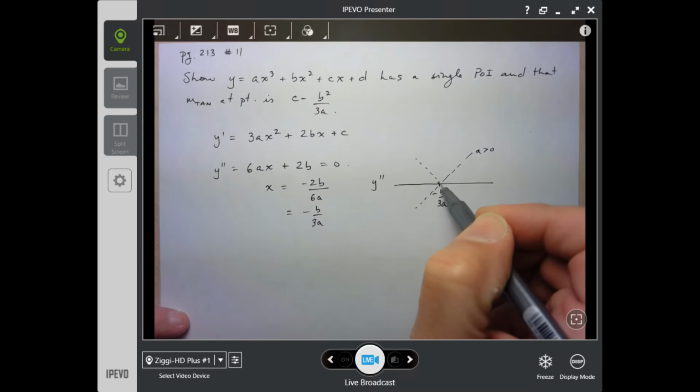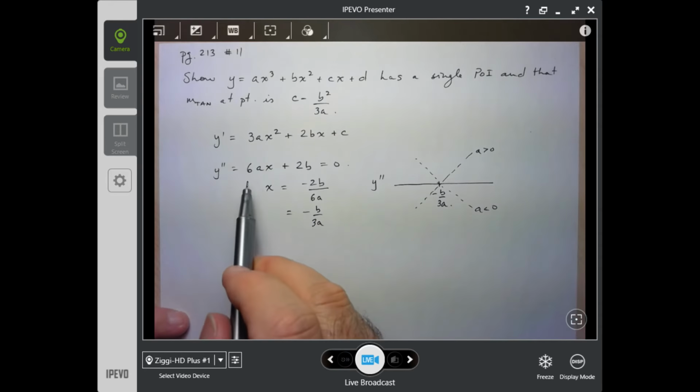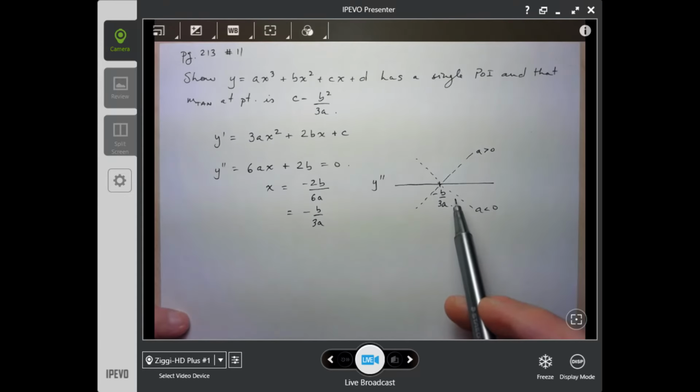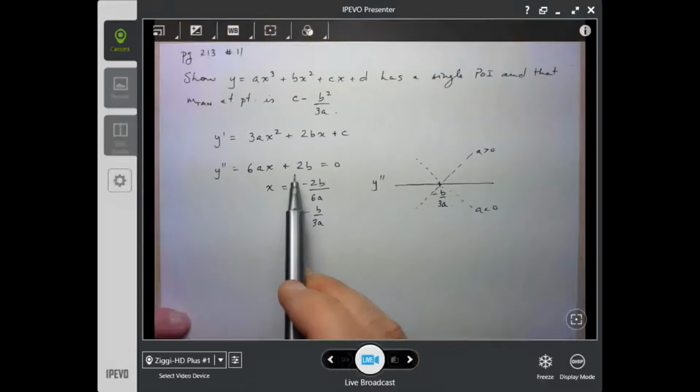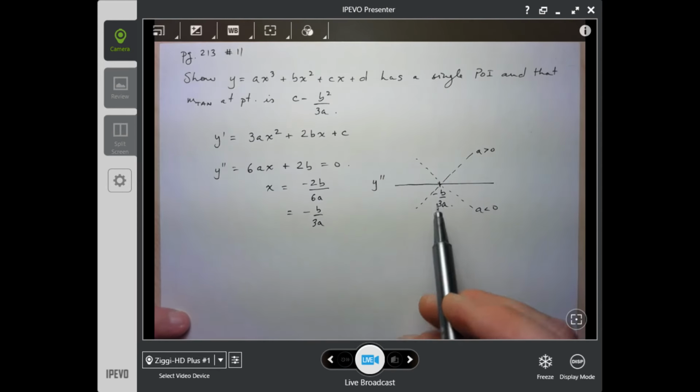And if a is negative, meaning 6a is going to be negative, then it just goes from positive to negative. Okay, now for a point of inflection, it doesn't matter which direction it goes, but we know for certain that the second derivative does change sign across this point.